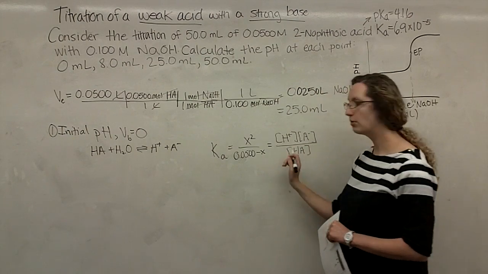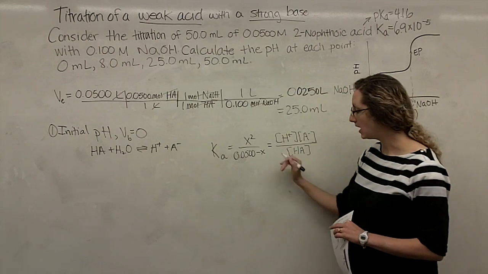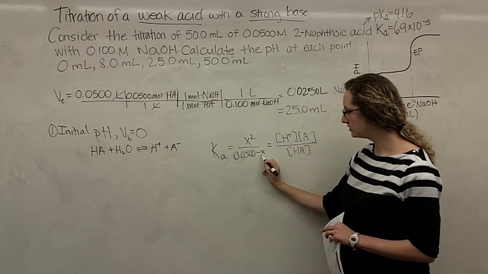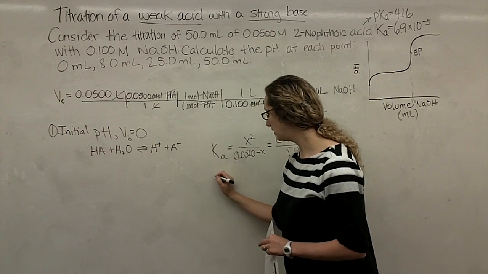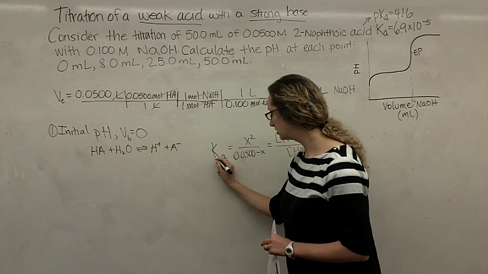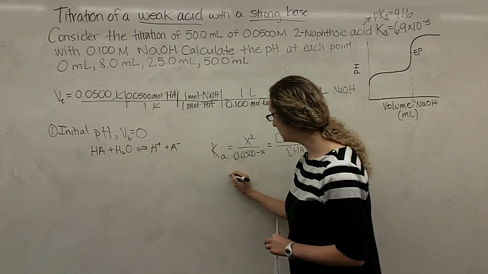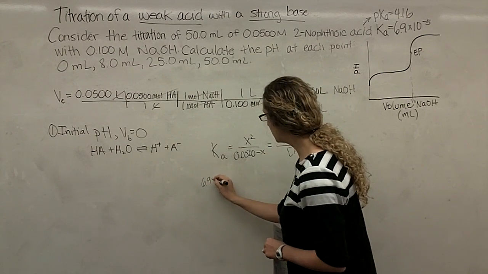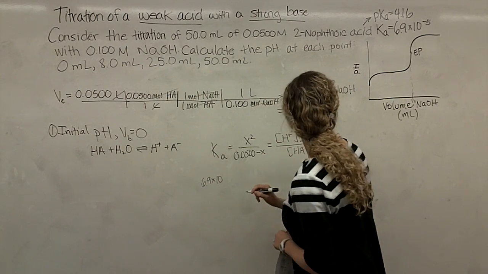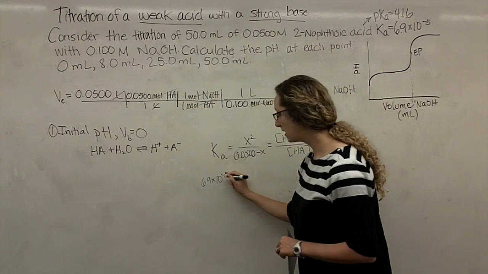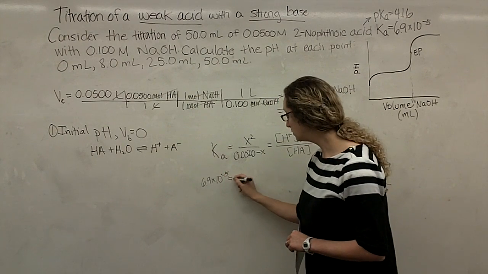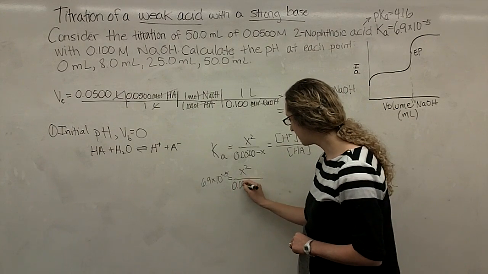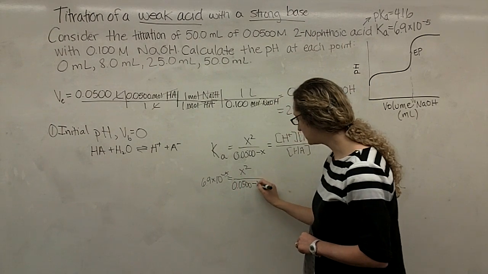This part is a review: you set up your Ka, x squared, and then solve for x. We already know Ka is 6.9 times 10 to the minus fifth, equal to x squared over 0.0500 minus x.